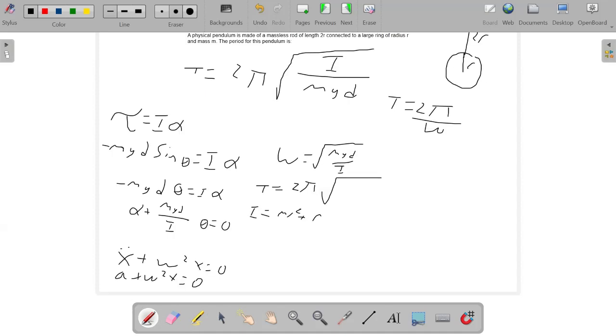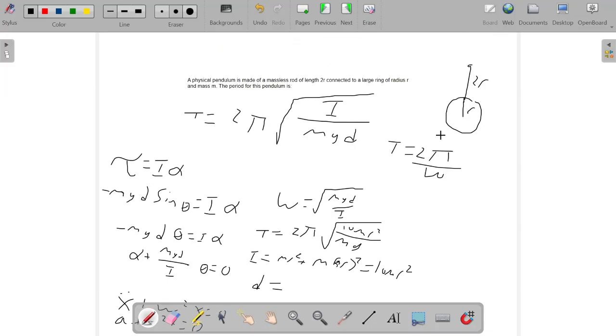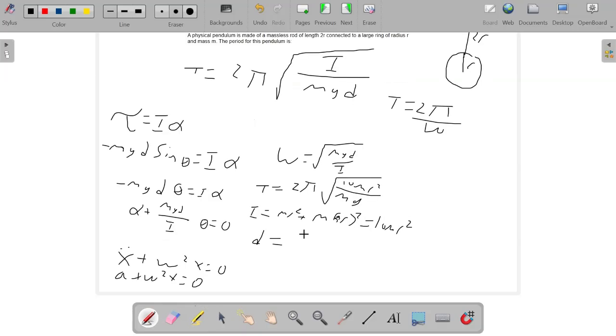So that means it's m times 3r squared. And this just gets you 10mr squared. So the answer becomes 10mr squared over mgd. And for the d now, the center of mass of the hoop is just at the very center of it, so right here, and it's 3r away, so the d is just equal to 3r.